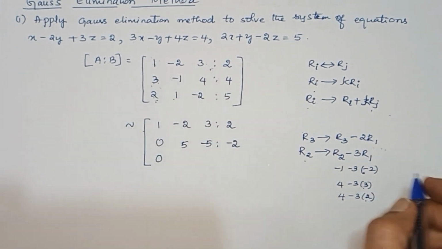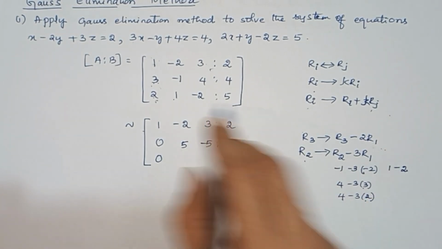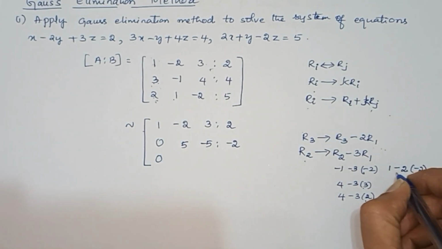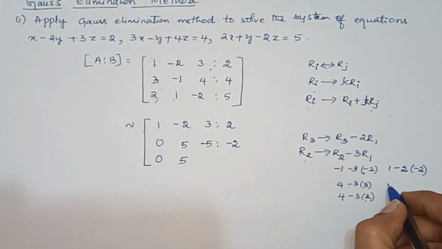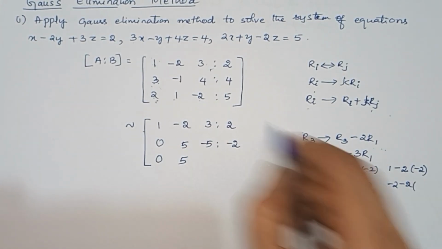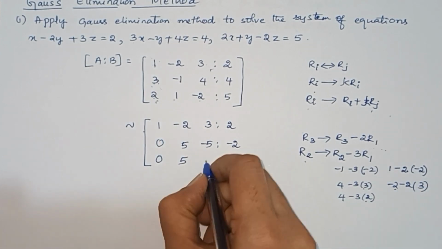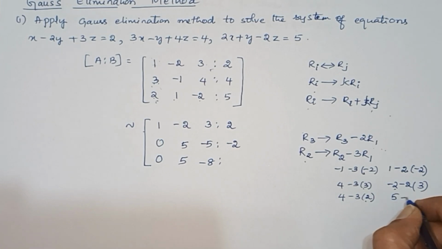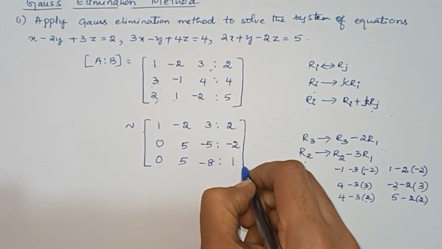Then 1 minus 2 into the corresponding element of the first row, -2. So 1 plus 4, it is 5. Then -2 into the corresponding element of the first row, which is 3. -2 minus 6 is -8. Then 5 minus 2 into 2. 5 minus 4, it is 1.